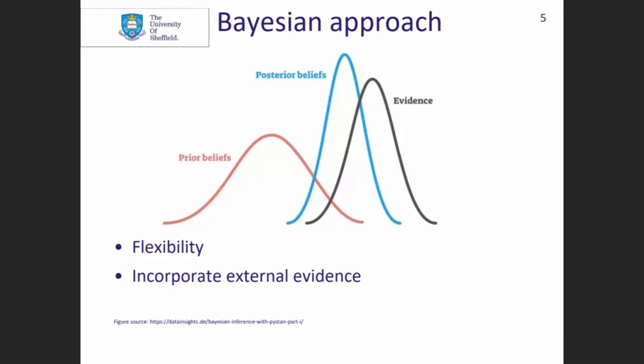In evidence synthesis or doing meta-analysis, network meta-analysis, we normally use a so-called non-informative prior or vague prior for the treatment effect itself. The reason for that is we would like the data to speak for itself rather than using other information to influence the estimate of the treatment effect.